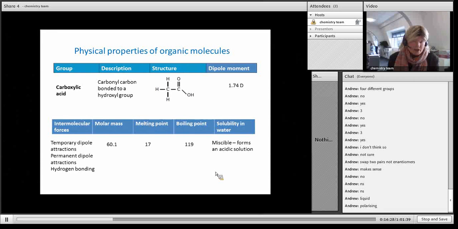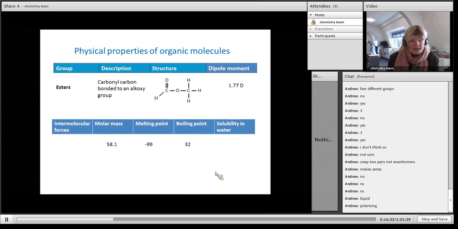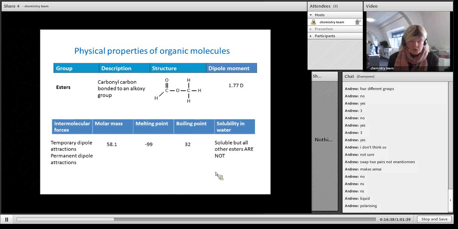And of course it's a liquid. Then esters can't form hydrogen bonds, so although this particular one I've given you here has only 2 carbons in it, very few alkyl parts, it will dissolve, but any other one, so ethyl ethanoate won't dissolve in water.